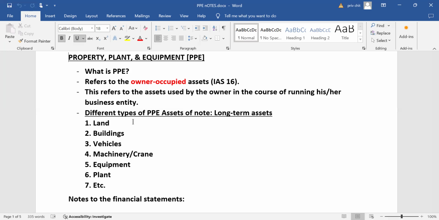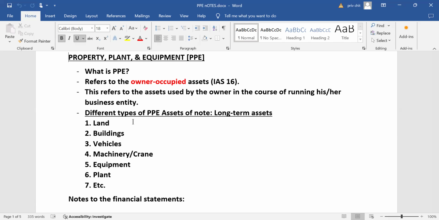In the context of a question, they would mention that the value of land when we acquired it was perhaps 500,000 rands, maybe in 2019, for example. And we are sitting in the 2024 financial period that is ending 31st of December 2024, right?